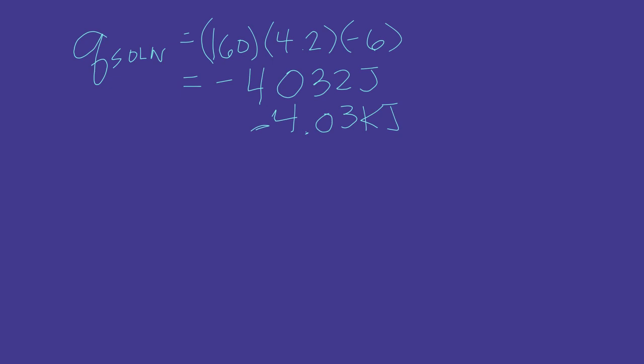Okay, so this gives us Q for the solution. All right, so Q for the reaction is going to be positive, and we are just going to flip the sign, because the negative Q for the solution is the positive Q for the reaction.